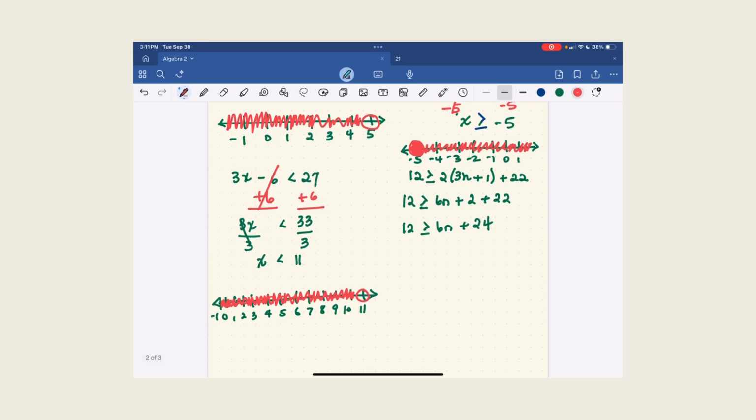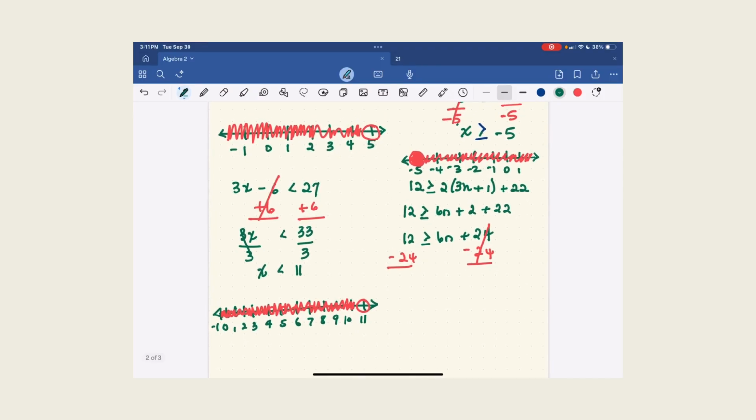We will subtract 24 from each side. These cancel. So we have 12 minus 24, which is negative 12, is greater than or equal to 6n.